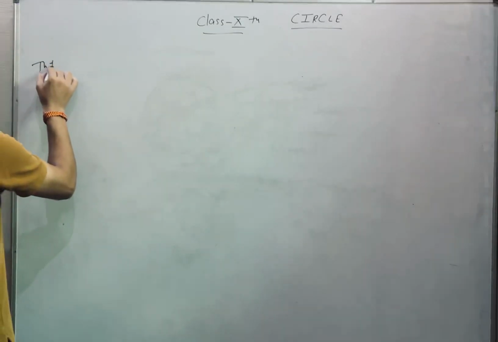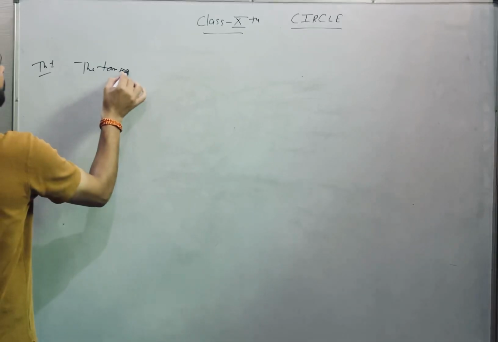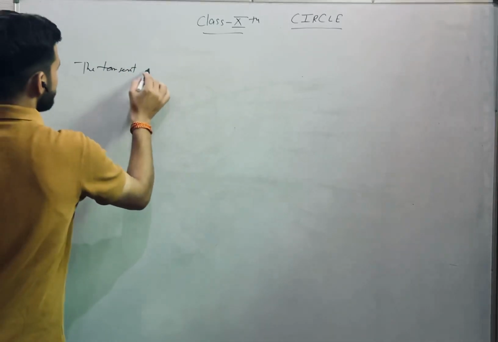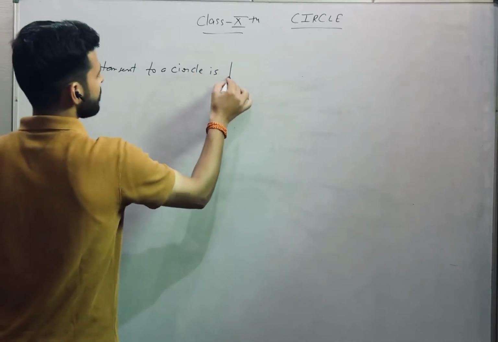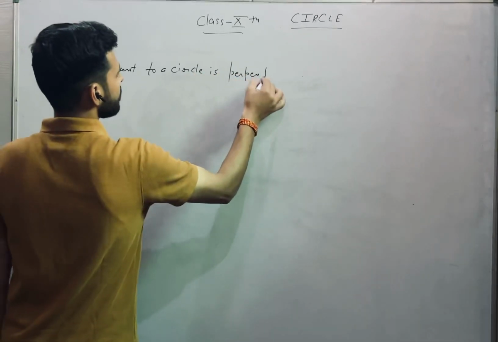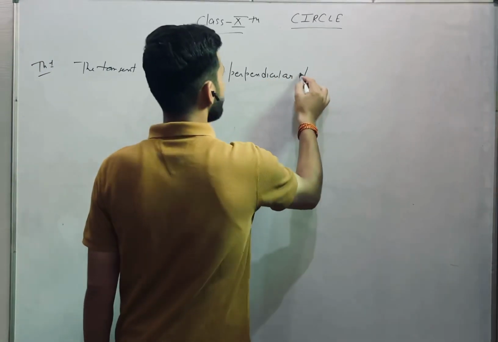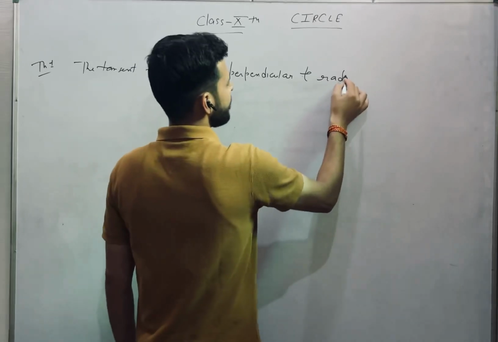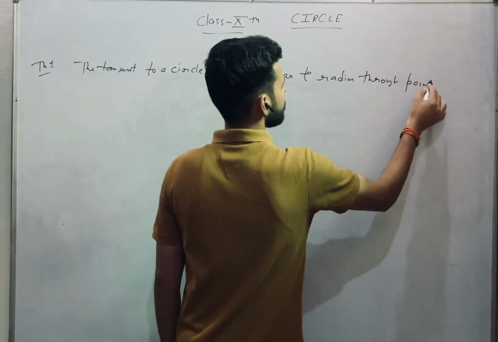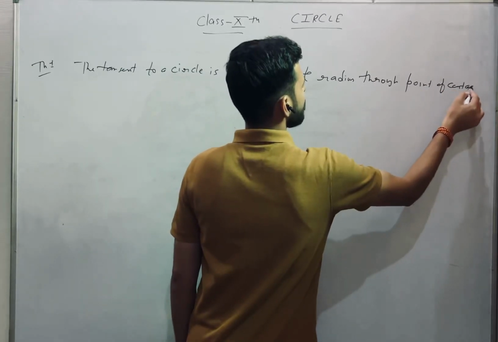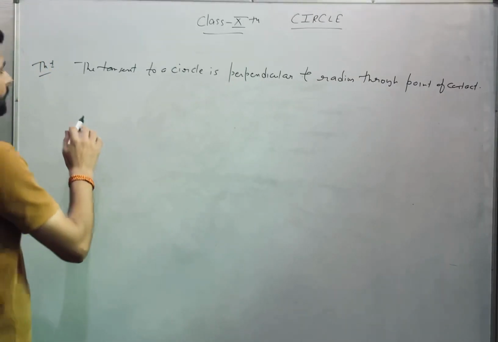The theorem states that the tangent to a circle is perpendicular to the radius through the point of contact. We will prove this result.